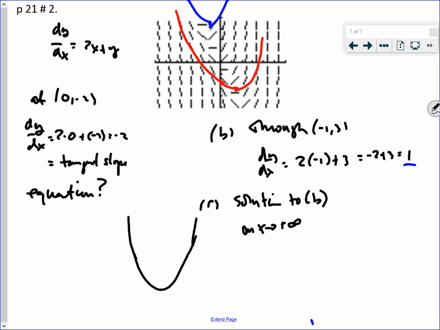So as x goes to positive infinity, I'd say the solution also goes to positive infinity. And as x goes to negative infinity, again, y goes positive. You see that because the little tangents get more and more vertical as you go to the left or to the right.